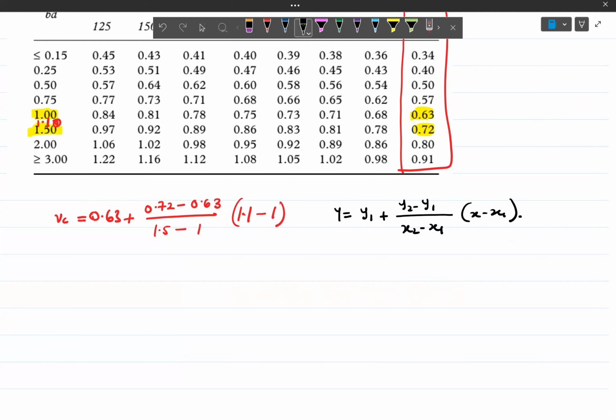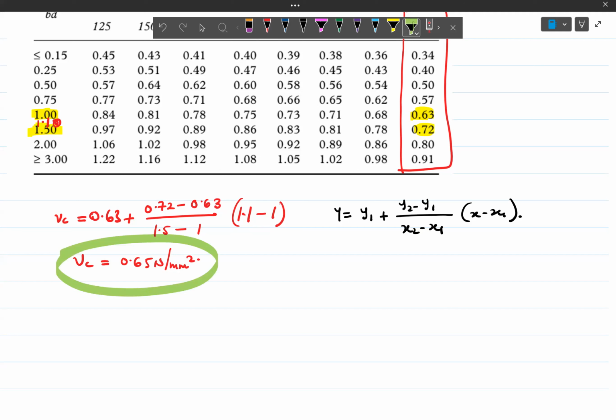So this is the equation, right? I think this should be correct to some extent. So this then will give us a VC value of 0.65 newtons per millimeter squared.